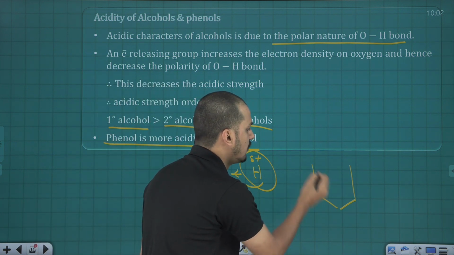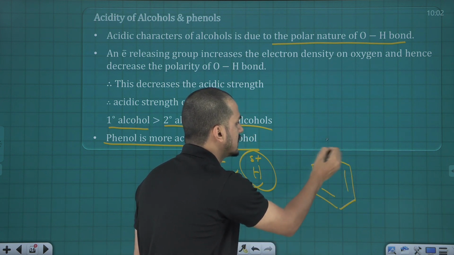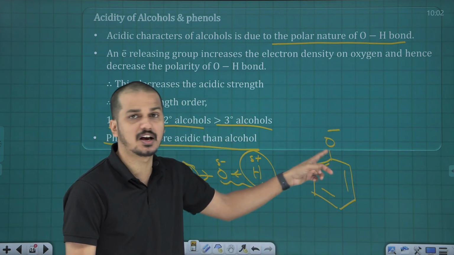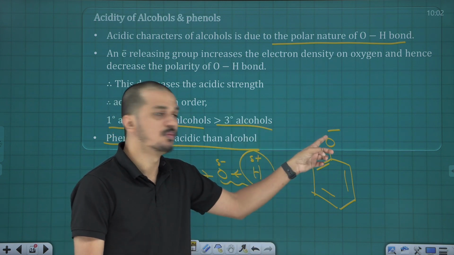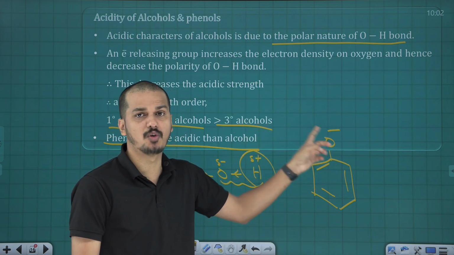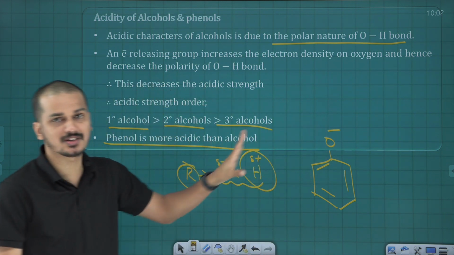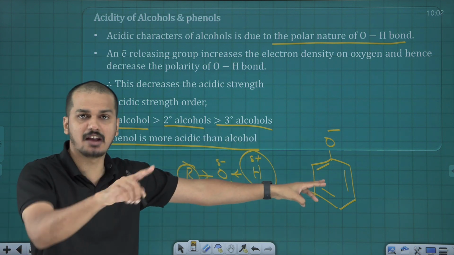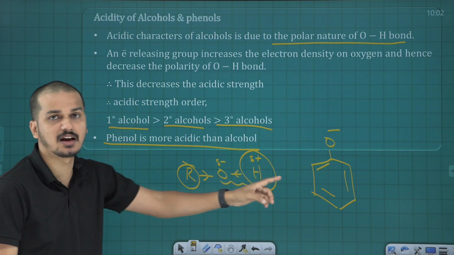In phenoxide ion, the negative charge is on the electronegative oxygen, so it is more stable. More resonance stability is there for phenoxide ion than phenol. That idea you know. So that's why they are more acidic.